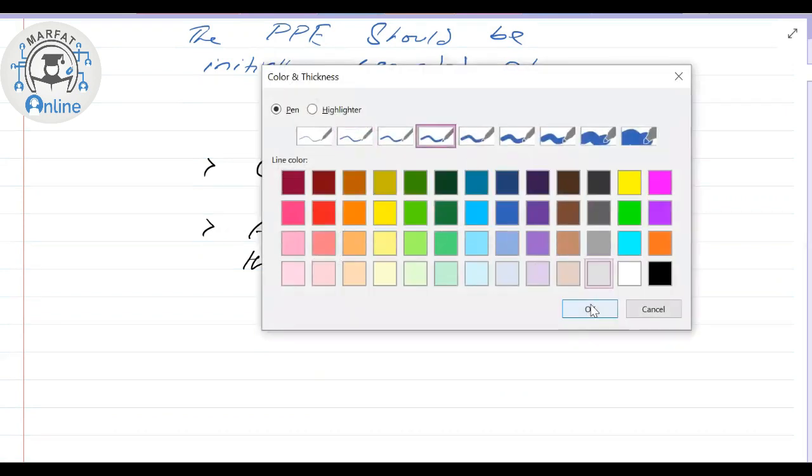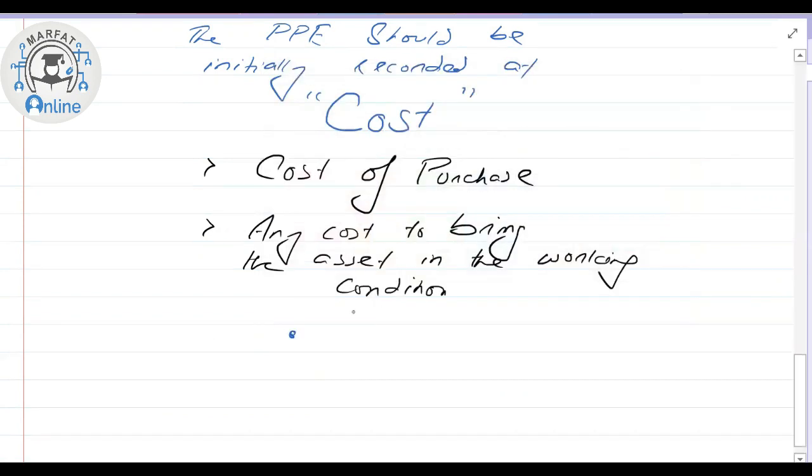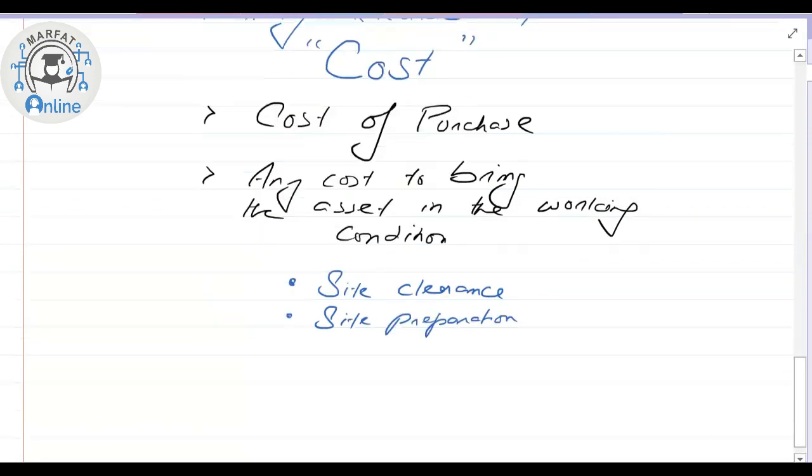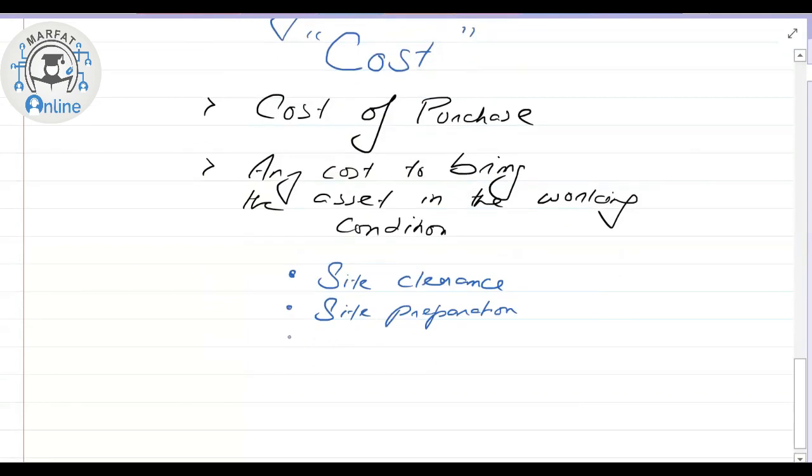Now what do we mean by that? Any cost to bring the asset in the working condition. For example, site clearance, site preparation. Where you want to install the asset, you are making this place clear and preparing it for the machinery. Then professional fee: professionals are coming to install it, to check it, to run it initially for you.